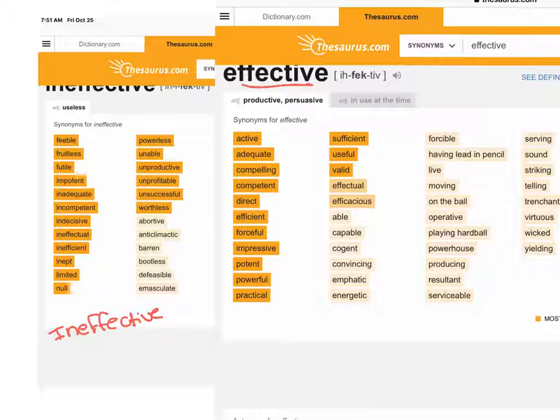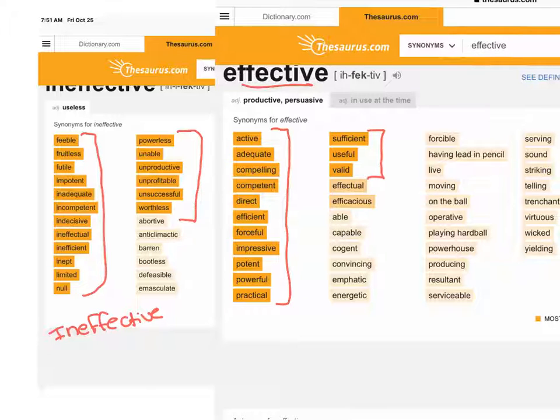The ones that are highlighted are the ones that are exact synonyms, and the ones that are light are related to, and you don't want to use those. Just make sure that it makes sense in the sentence, because remember when we talked about denotation and connotation, just because it's a synonym doesn't mean it's a really good word. So make sure that the word that you choose actually works in your sentence.